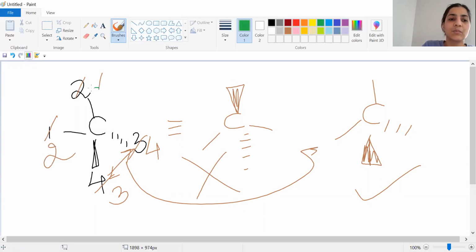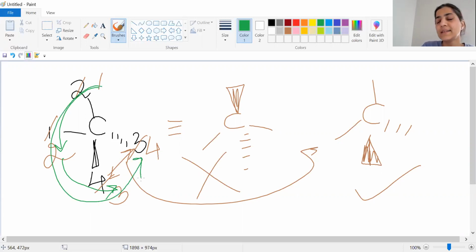And we see that 1 goes to 2, 2 goes to 3. And what is this rotation? This is an anti-clockwise rotation. So this carbon has the S enantiomer.